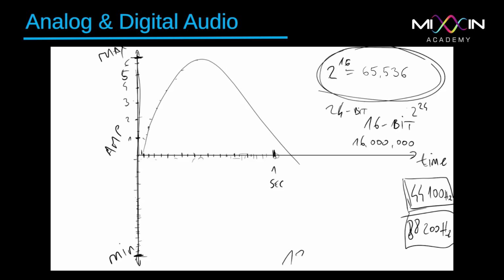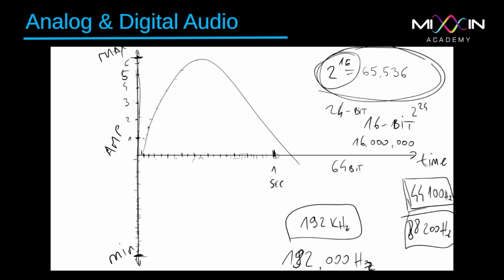So we get up to 192,000 hertz. We can say 192 kilohertz. So we have 192 kilohertz, and we can get this bit depth, as it's called, the resolution of the amplitude, all the way up to 64-bit floating point.